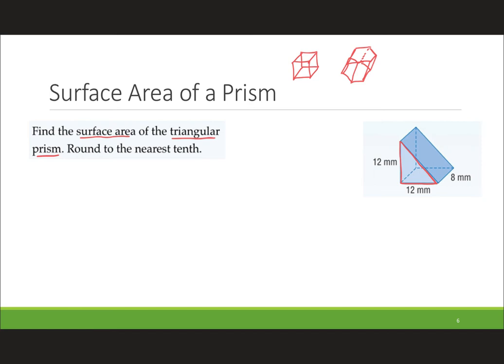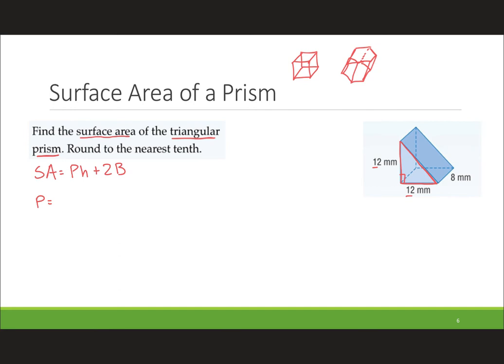So let's go ahead and write out our equation so we can figure out our pieces. Surface area is equal to the lateral area, which is perimeter times the height, plus 2 times the area of the bases. Okay? So my perimeter is the perimeter of the base. In which case, I have 12, 12, but I need to know the hypotenuse.